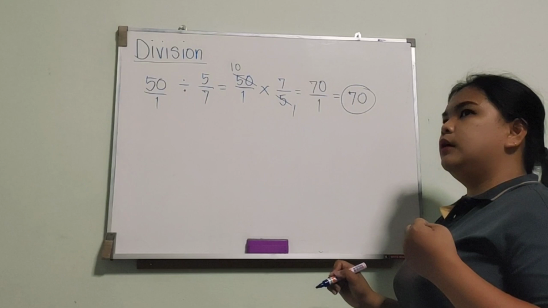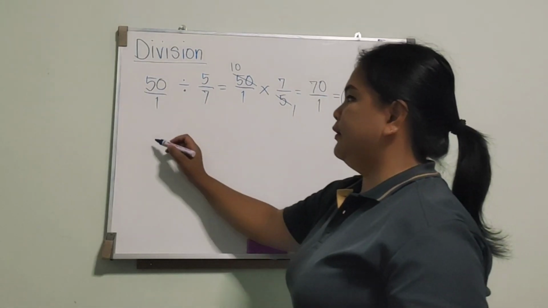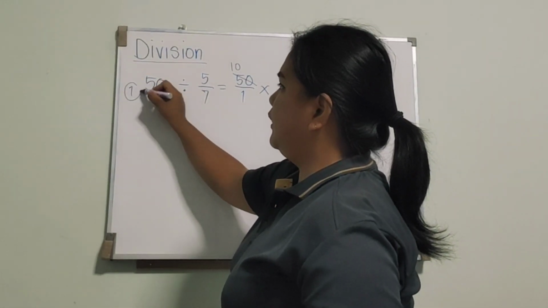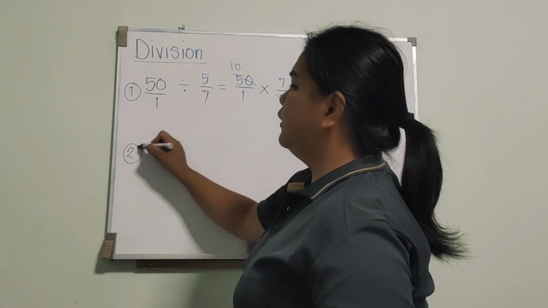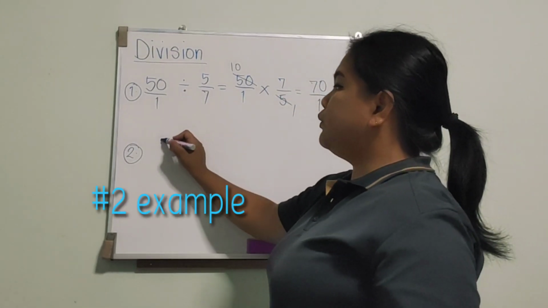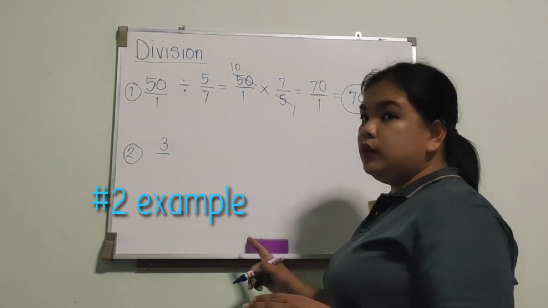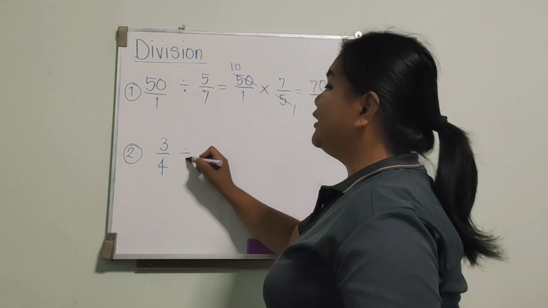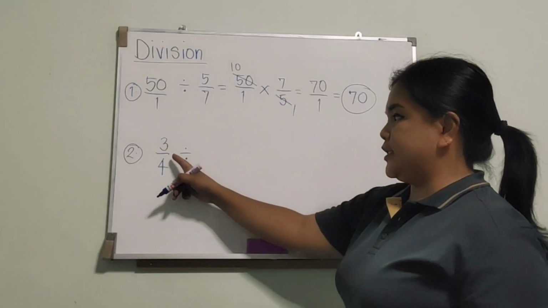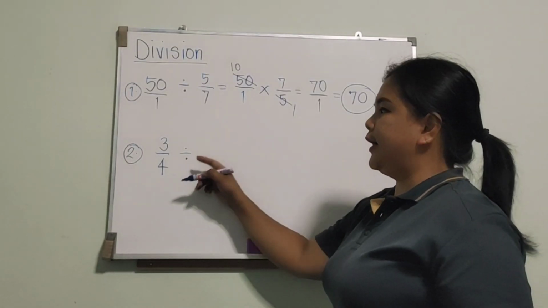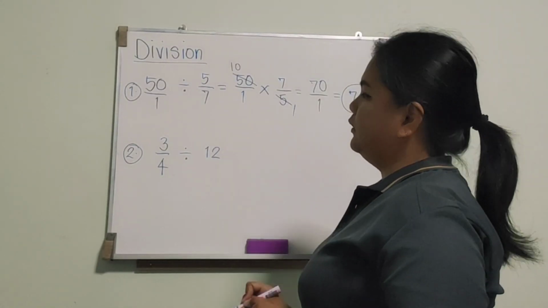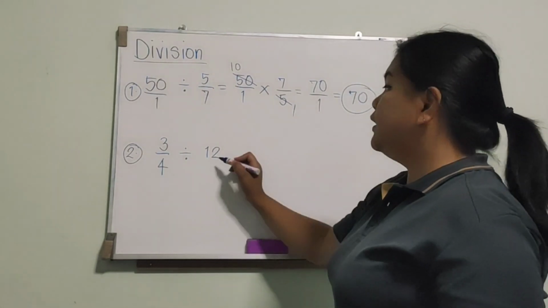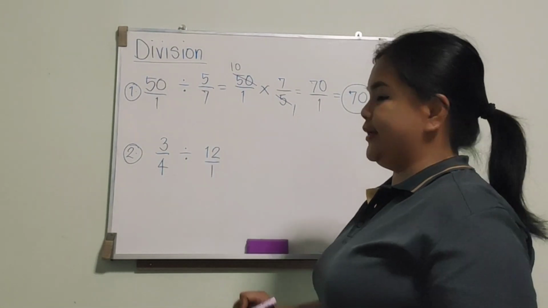Now, the difference between number 1 and number 2: in number 2, I will write the whole number in the second number, or in the divisor. For example, 3/4 divided by 12. Now, like what I've said, a whole number always has 1.